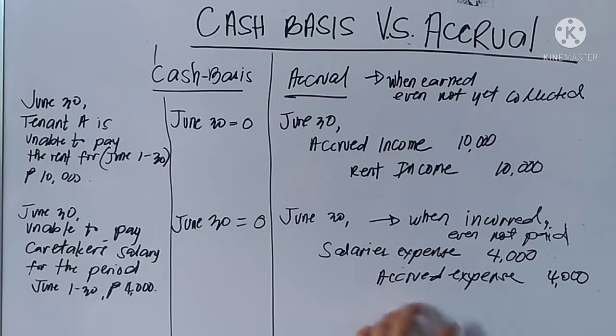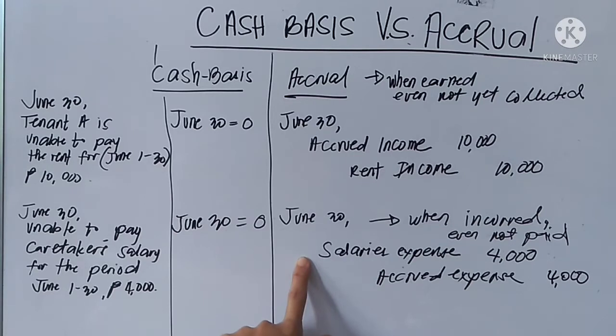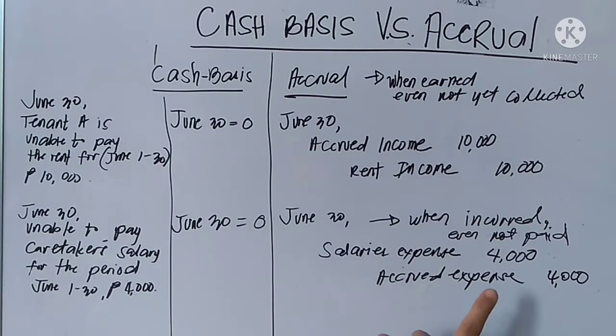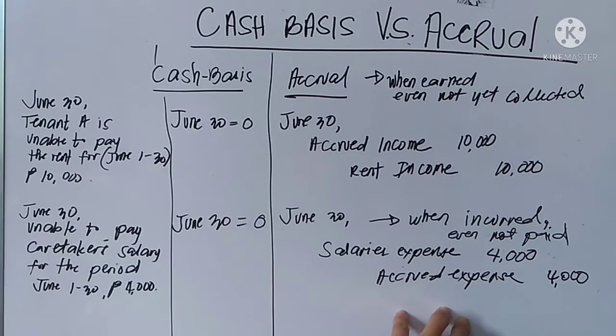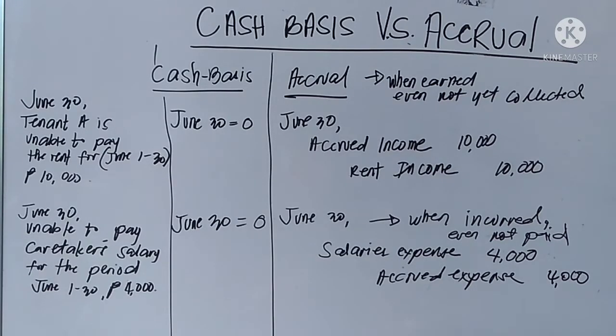So, ibig sabihin, nire-recognize mo yung salaries expense while nagre-record ka rin ng liability na 4,000 pesos kasi hindi mo pa nabayaran yung salary ni caretaker. The accrued expense will be reflected also in your balance sheet under the liabilities section.